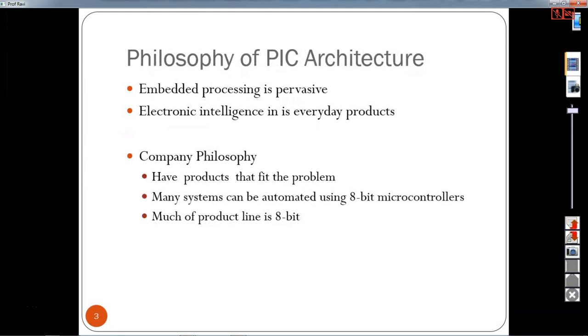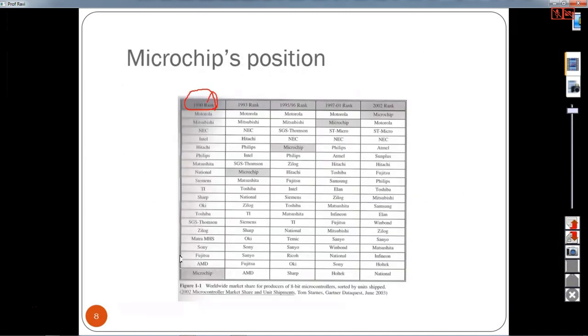And this PIC microcontroller is proposed by Microchip. Now the popularity of Microchip: in the 1990 ranking, Microchip comes after Motorola, Mitsubishi, National Semiconductor, Intel, Hitachi, Philips, NEC, Siemens, TI, Sharp, Toshiba, Zilog, Sony, and AMD.